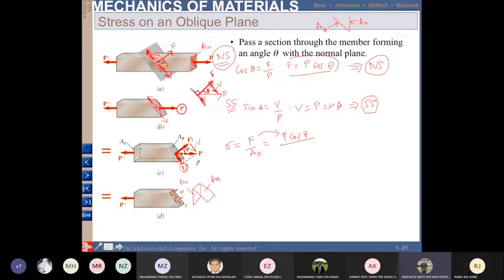So this makes an angle which is theta, and this is 90 degrees. And this one and this one are actually the same. So this is 90 degrees, and this is your theta.